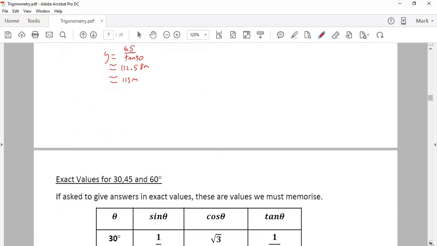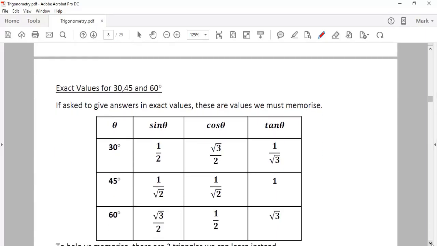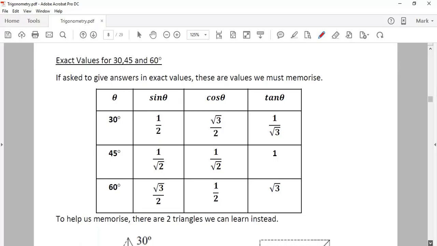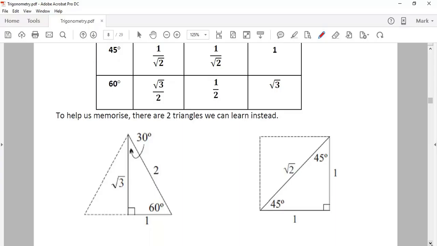So the next thing we look at is the exact values for 30 degrees, 45, and 60 for sine, cos, and tan. You're pretty much expected to know these off by heart, but there's a little memory trick we can use. The first one is, think of an equilateral triangle with sides 2. If you cut it in half, the angle goes to 30, and then that bottom side will go to 1.